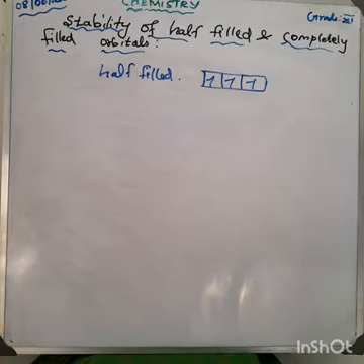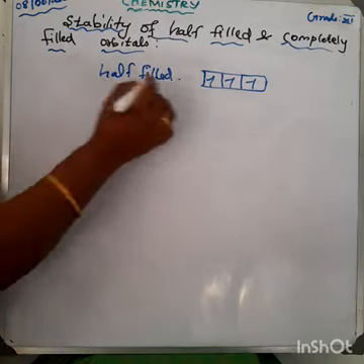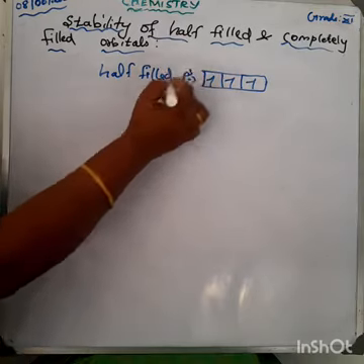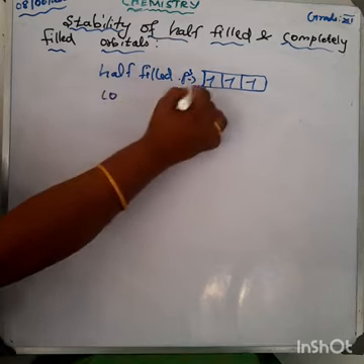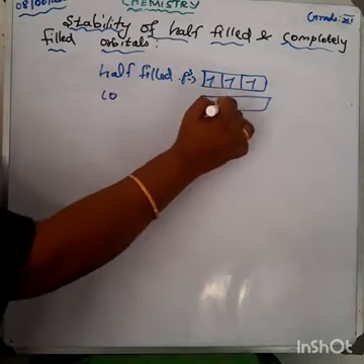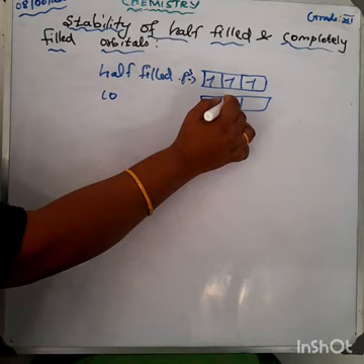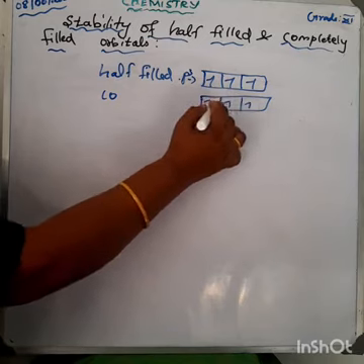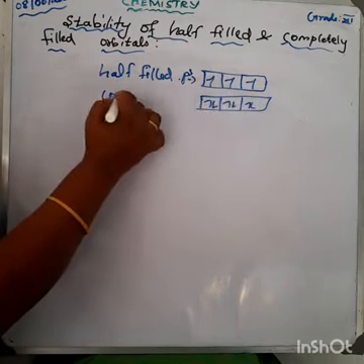Suppose there are 6 electrons in the p orbitals, equally distributed in the p subshell. This is called a completely filled orbital.